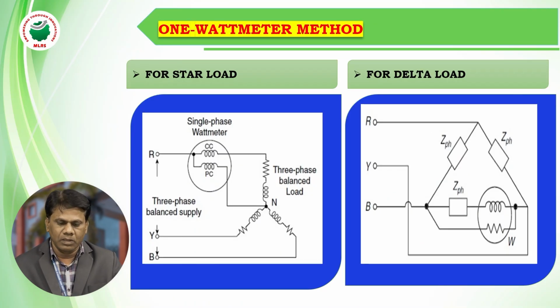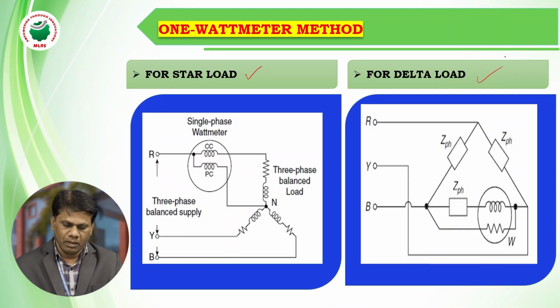These are the circuit diagrams for star connected load and delta connected load. Here a single wattmeter is used, a single phase wattmeter, for the measurement of three-phase power. For star connected load, the wattmeter is connected in R phase.